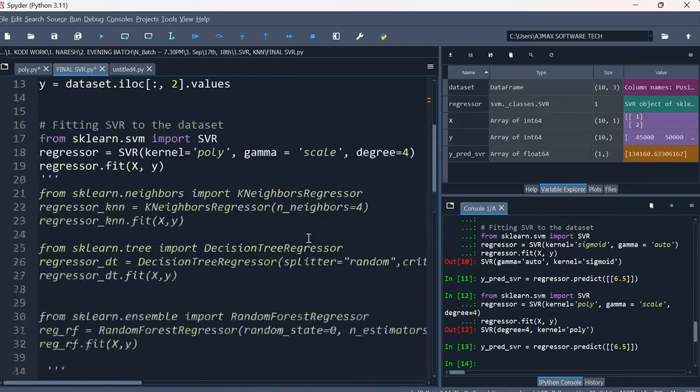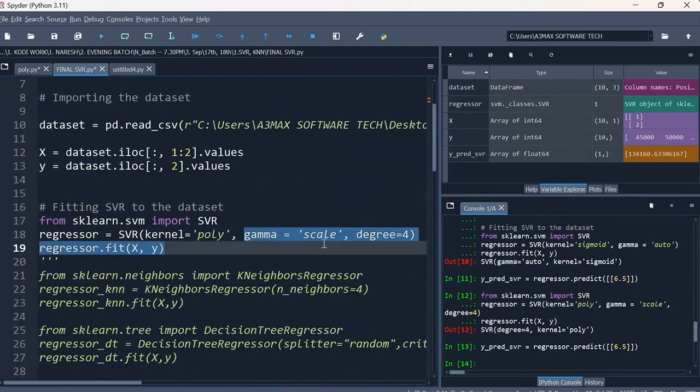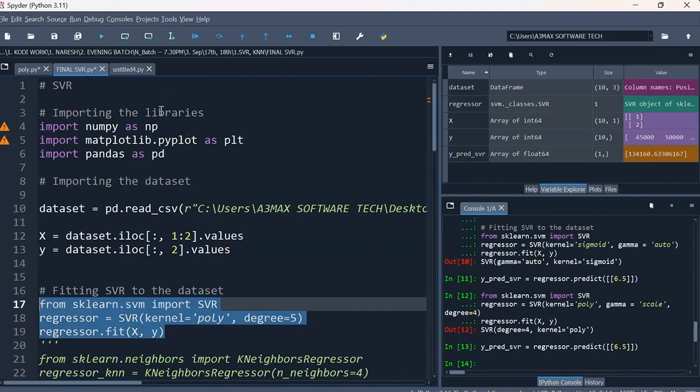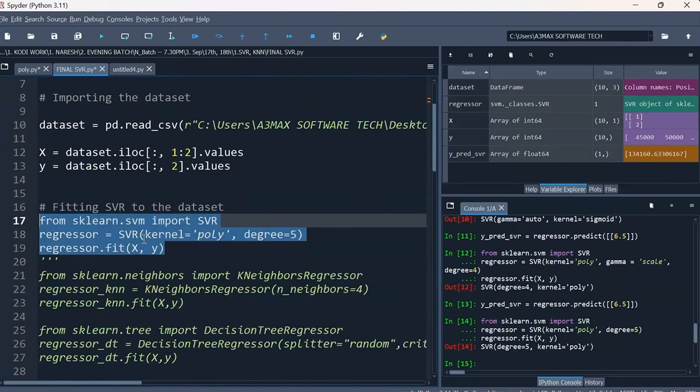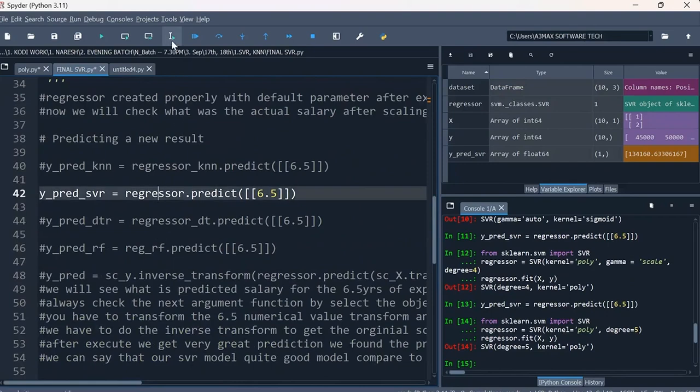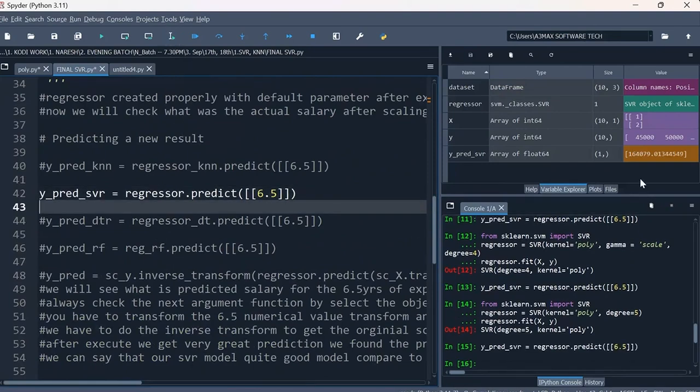It's again less. I think if I remove this and set degree equals to 5 and try this. Okay, 164. Yes, guys, how much are we getting? 164.